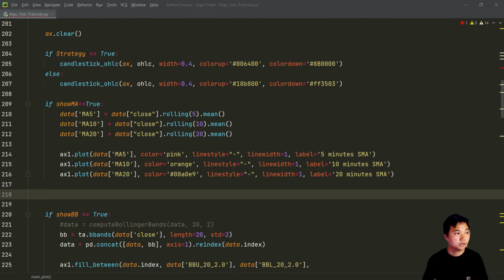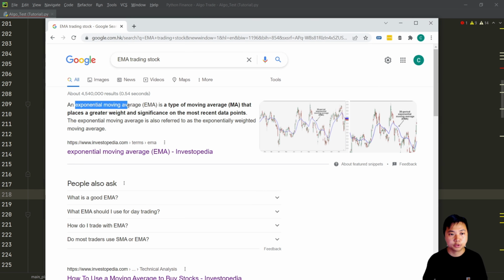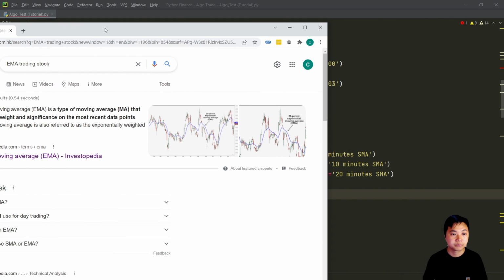For a quick definition, EMA, the exponential moving average, is a type of moving average that places a greater weight and significance on the most recent data points. Instead, the moving average would just give an average weight or average significance to each of the points.